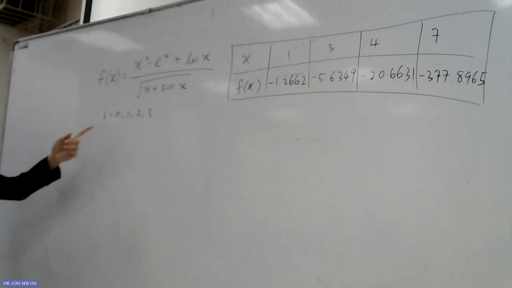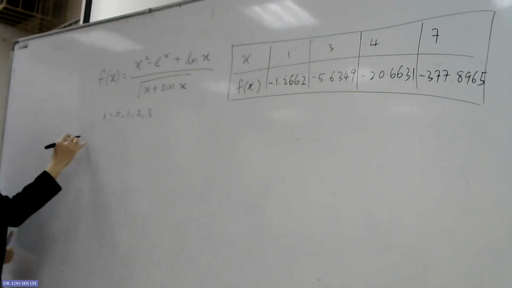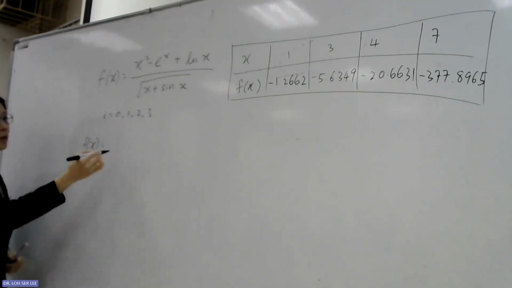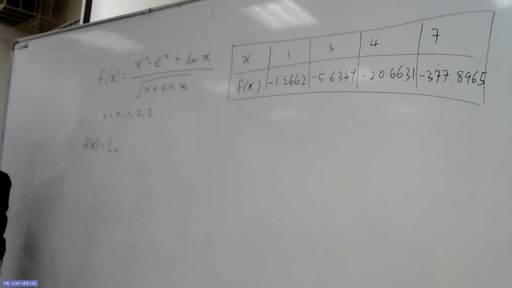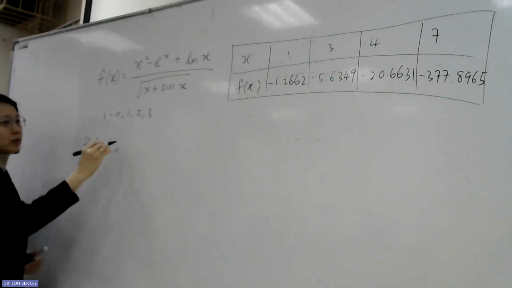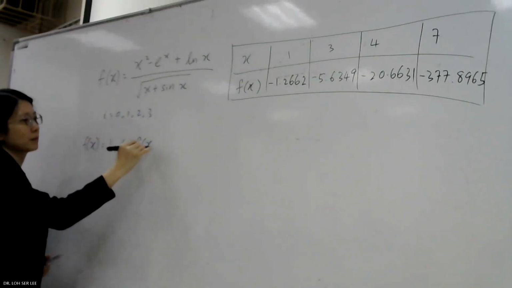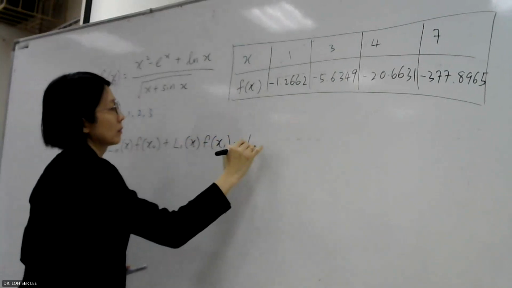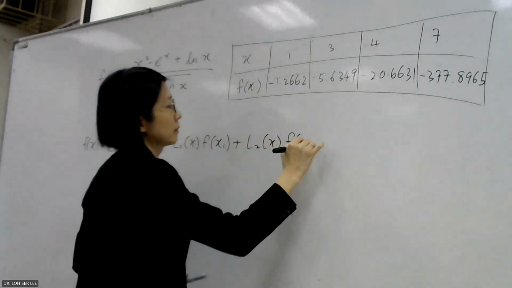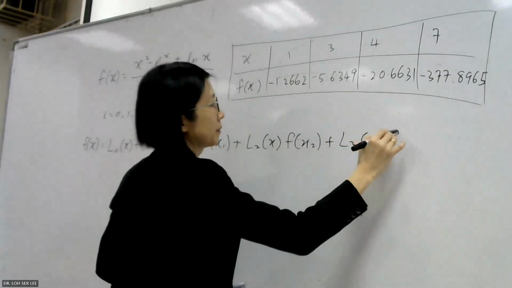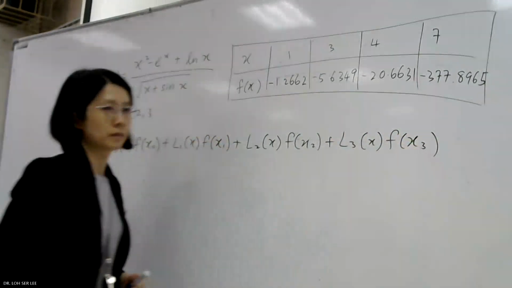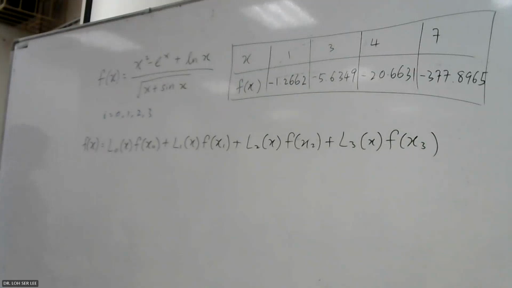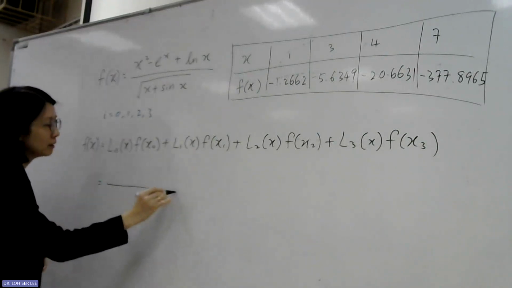So your f(x) will be L0 f0, L1 f1, L2 f2, L3 f3. Then form the L.